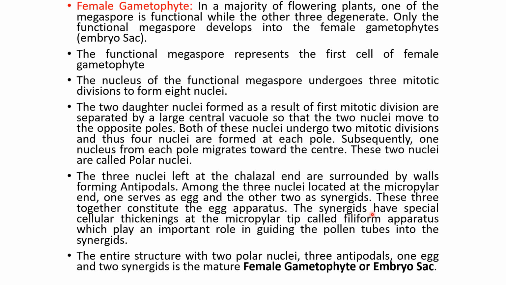The synergids have special cellular thickenings at the micropylar tip called filiform apparatus. This filiform apparatus plays an important role in guiding the pollen tube into the synergids. The entire structure with 2 polar nuclei, 3 antipodals, 1 egg and 2 synergids constitutes the female gametophyte or embryo sac.